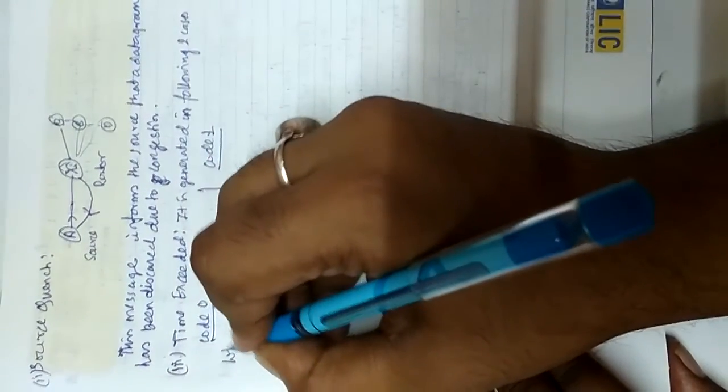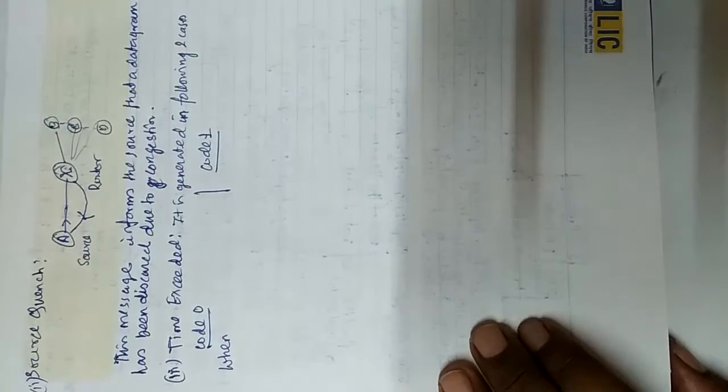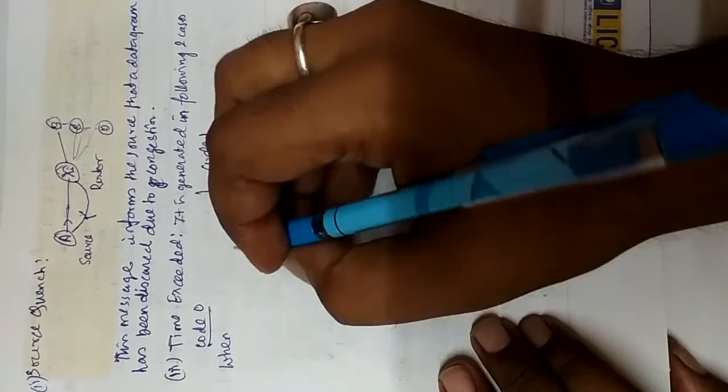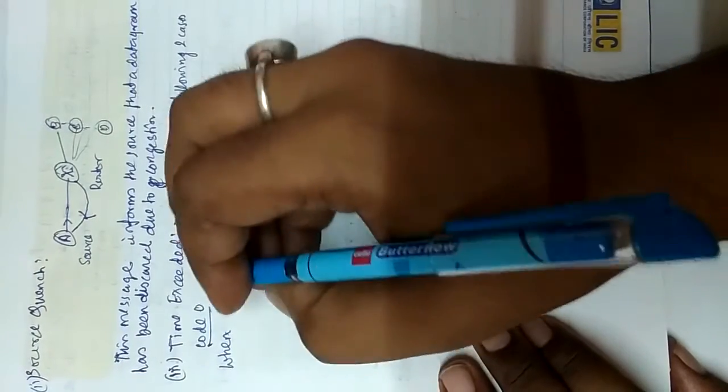Whenever a router gets a datagram with a TTL, that is time to live, value of 0, it discards the datagram and sends a time exceeded message to the original source. First I write the theoretical part, then I will discuss it with a diagram.